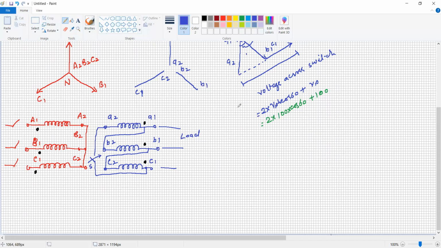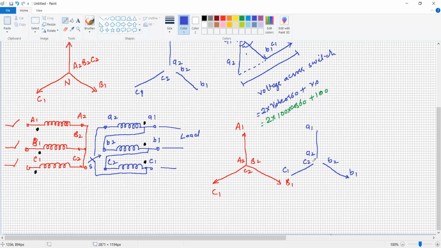In the primary side, the voltage vectors are as usual a balanced three-phase voltage: A1, B1, C1, and the terminals A2, B2, C2, and the neutral. Now the secondary terminals: B1, B2 in the same direction, and C1, C2 in the same direction.